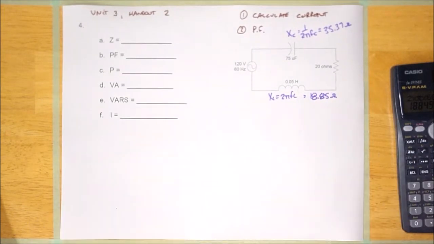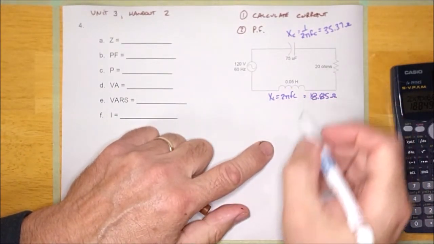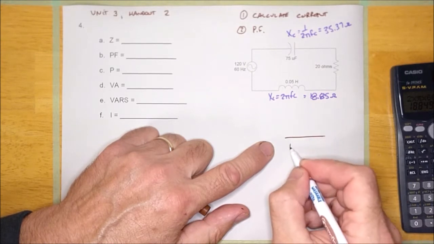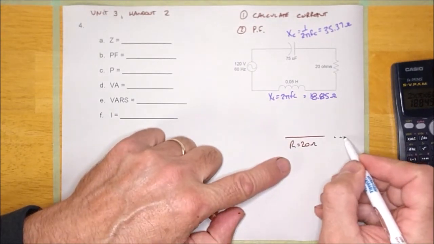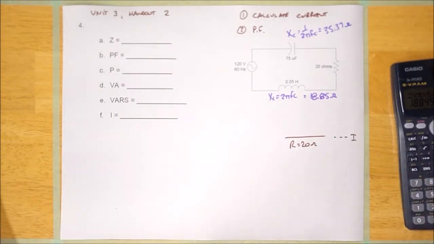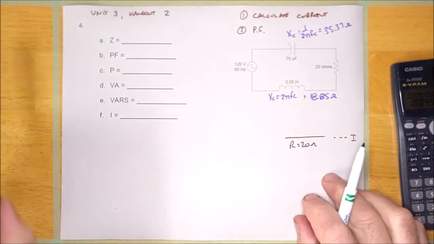Okay, guys, so I've calculated those with the formulas, and what that's going to do is allow me to figure out Z, all right, guys? So calculate. This is series, right? So I can compare them to the current.